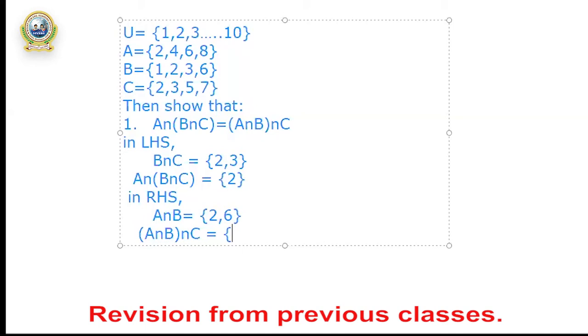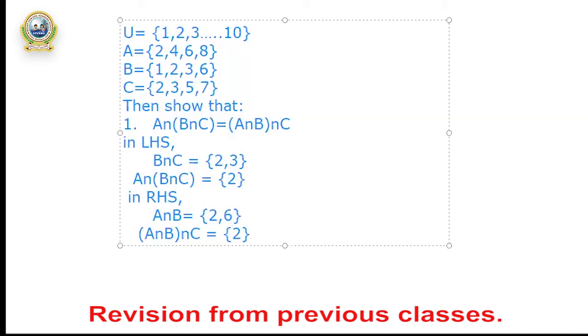Yes, sir. And we have the members 2, 3, 5, 7 in C. So what would be the answer for (A intersection B) intersection C? Sir, 2. Very good. Only 2 is the answer. Thank you, Niru.